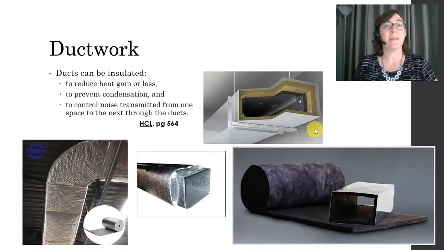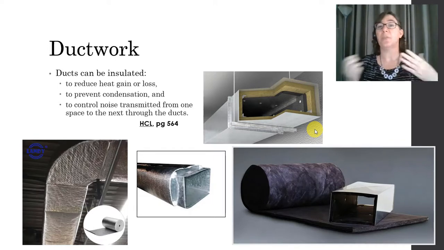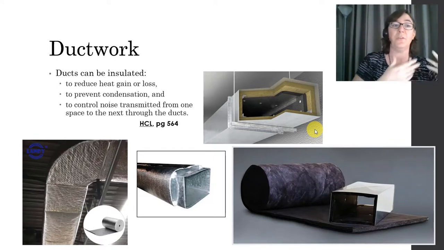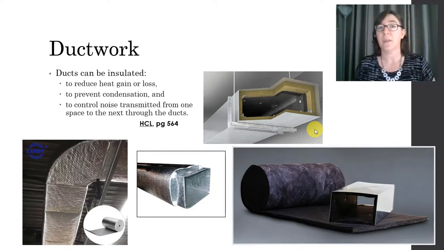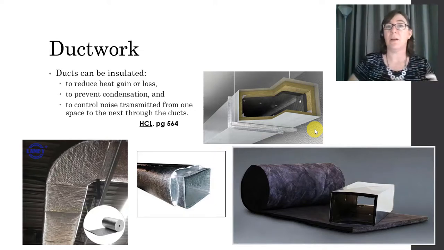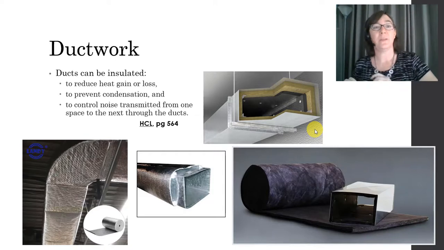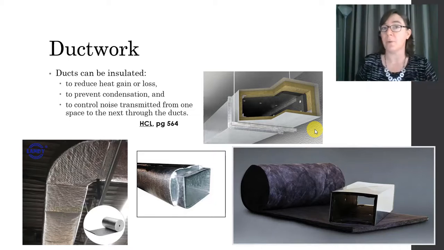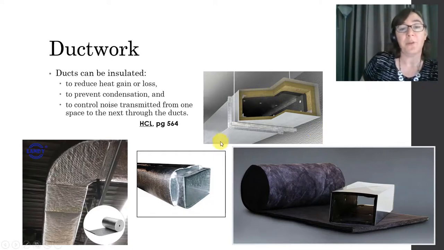Ductwork can be insulated. It can be insulated for thermal reasons to reduce heat gain or loss, to prevent condensation. And it can also be insulated for noise control reasons. Noise is often transmitted from one space to another through the ductwork. This is a real problem. So the thermal insulation is typically on the outside of the duct.